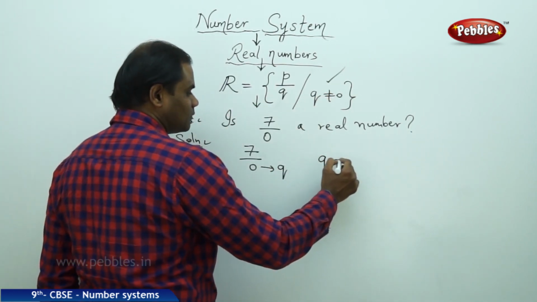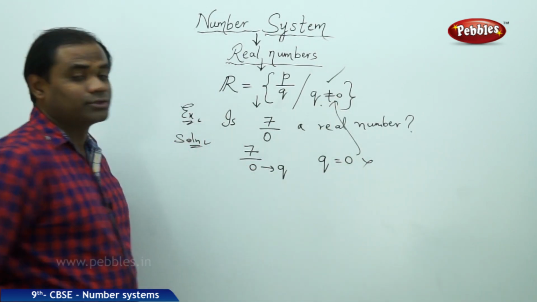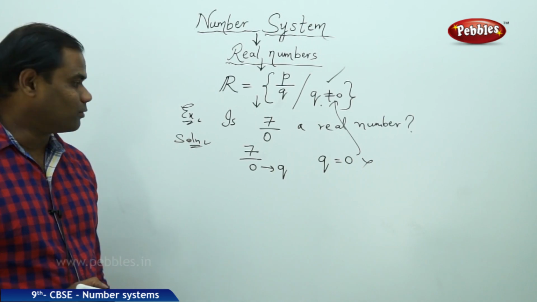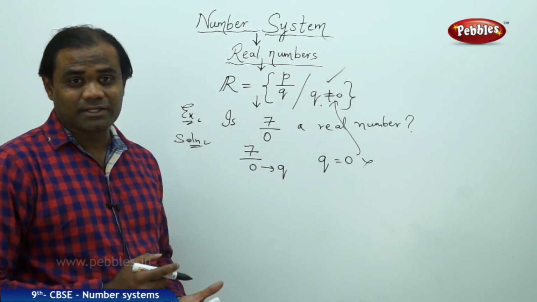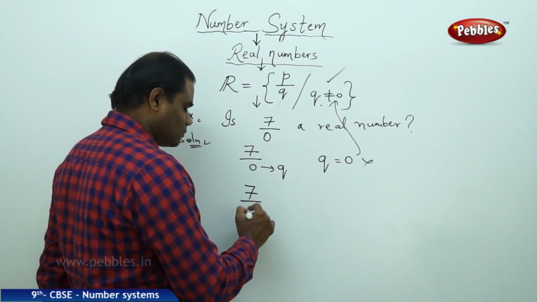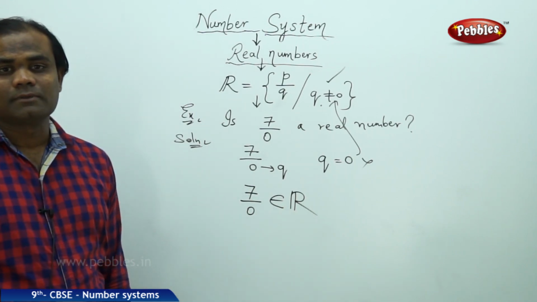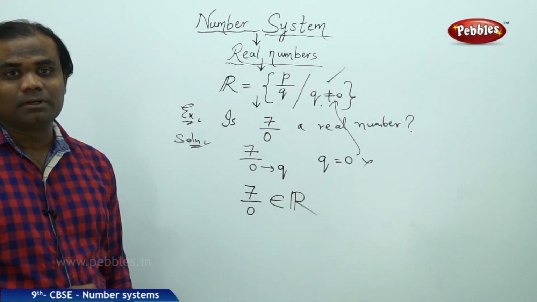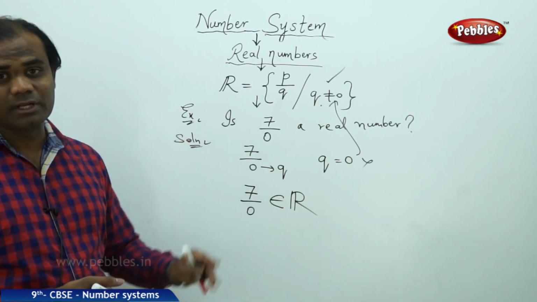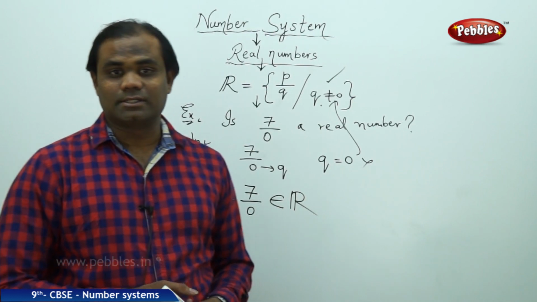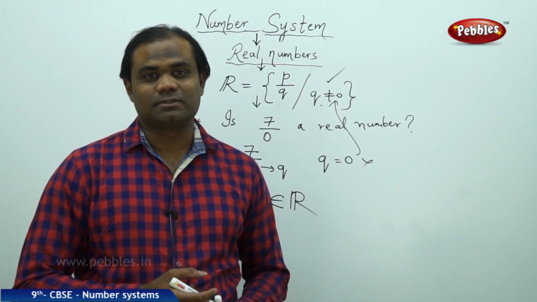Now clearly I have Q equal to 0, which fails the test that Q should not be equal to 0. Therefore, this number fails the test of a real number, which clearly states that 7 over 0 can never be a real number. This is how we understand the set of real numbers: all numbers with the only exception of those whose denominator is 0.